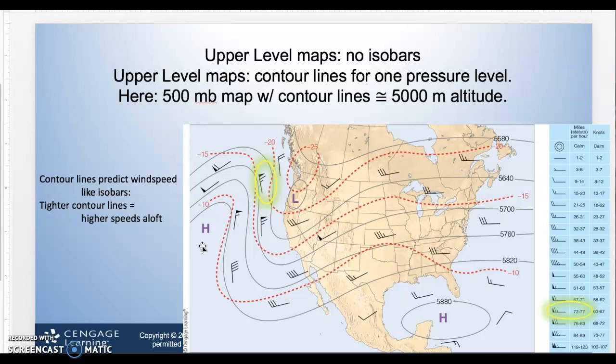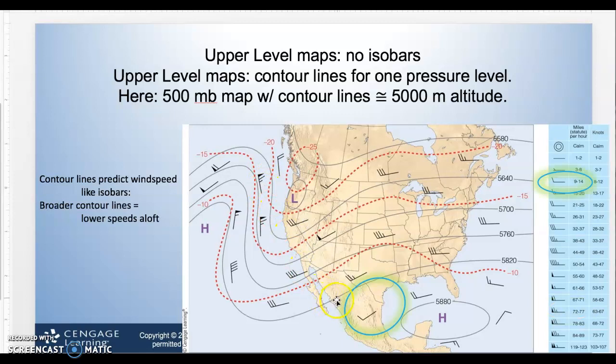When isobar lines were tight, you had high wind speeds. When contour lines are tight, you have high wind speeds. Here's an example right here. Tight gray contour lines. High winds. Winds up around 75 miles an hour.